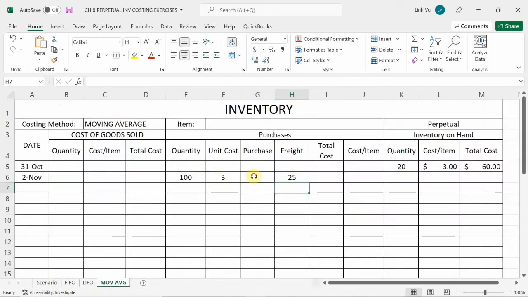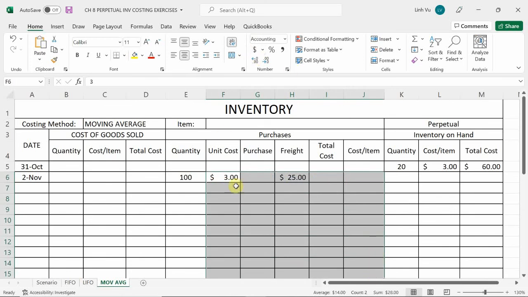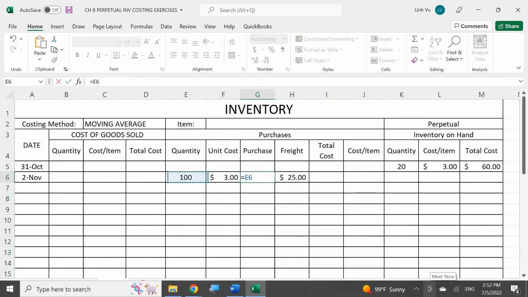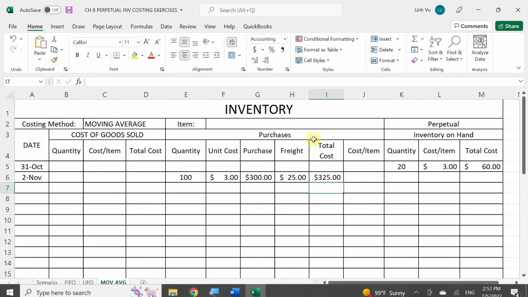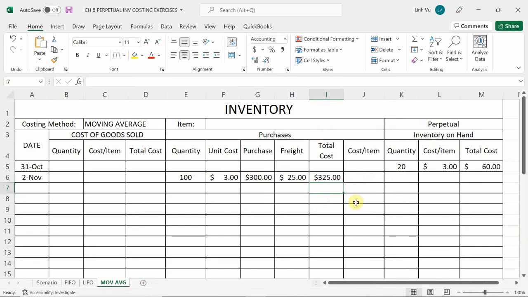So in this case, what is my grand total purchase price here? 300. 300 plus 25, 325. Because we're using moving average, do we need to calculate our cost per item? No, because we're going to be adding them up together.